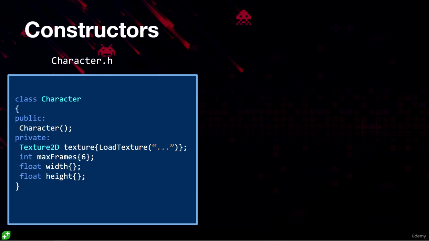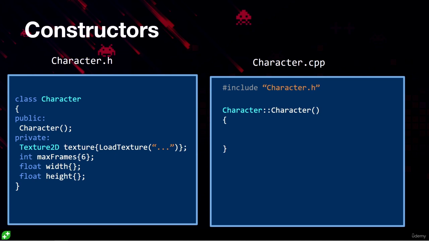That width is something that will never change throughout the lifetime of the program, so rather than calculating it multiple times, we can calculate this in the constructor. So here we have our character's constructor in the source file. Now, because texture and maxFrames are initialized, we can calculate width using texture and maxFrames.